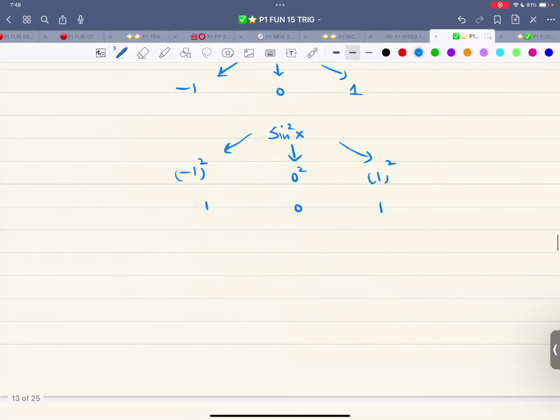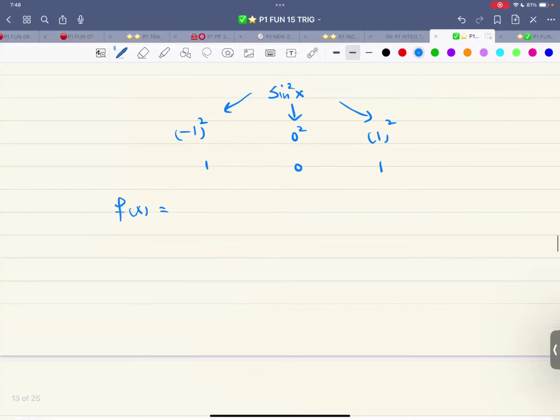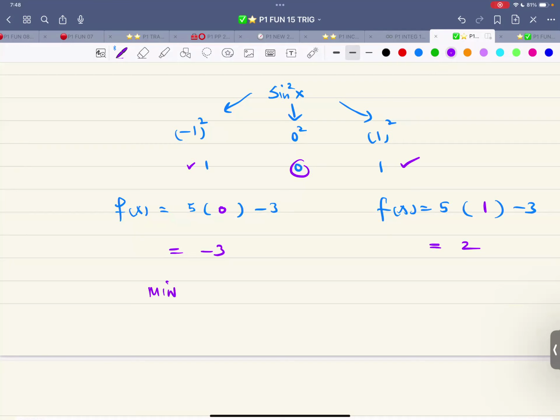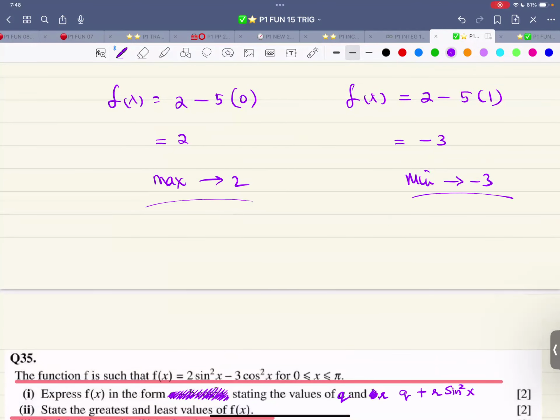In order to find the maximum and the minimum, f(x) is equal to 5 sine square x minus 3. The smallest value is 0, and the other value that I have is 1. So 5 minus 3 is 2, 0 minus 3 is -3. Therefore, the minimum value is -3 and the maximum value is 2.